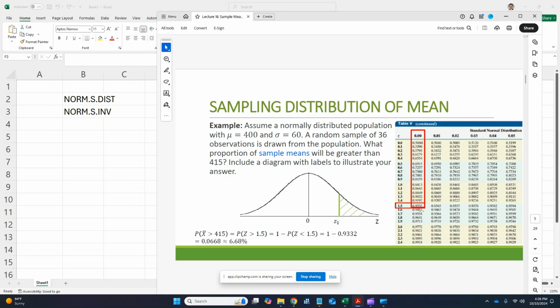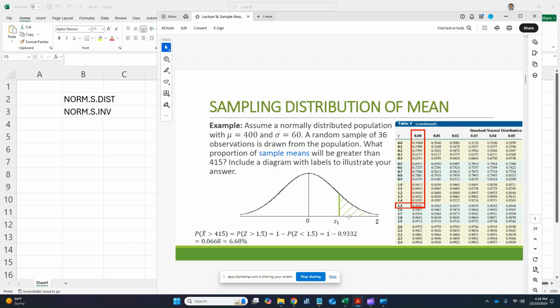standard normal distribution table. So again, for 1.5 z-score, we have the area equal to 0.9332. Thus, the area left of the z-score z1 equal to 1.5.